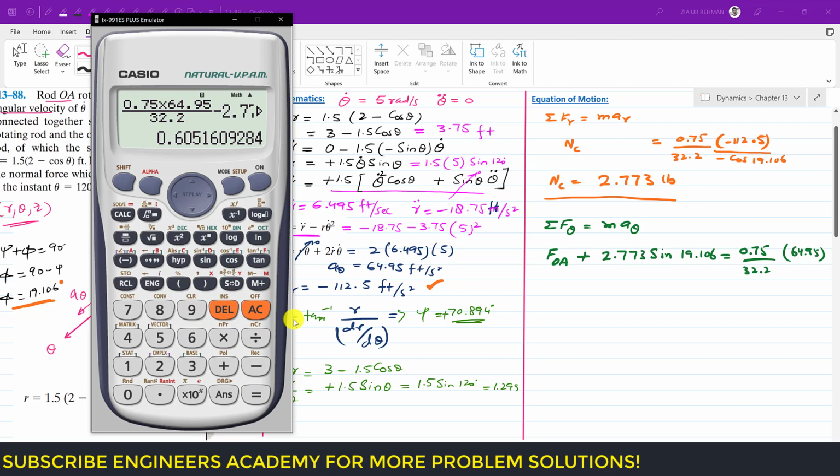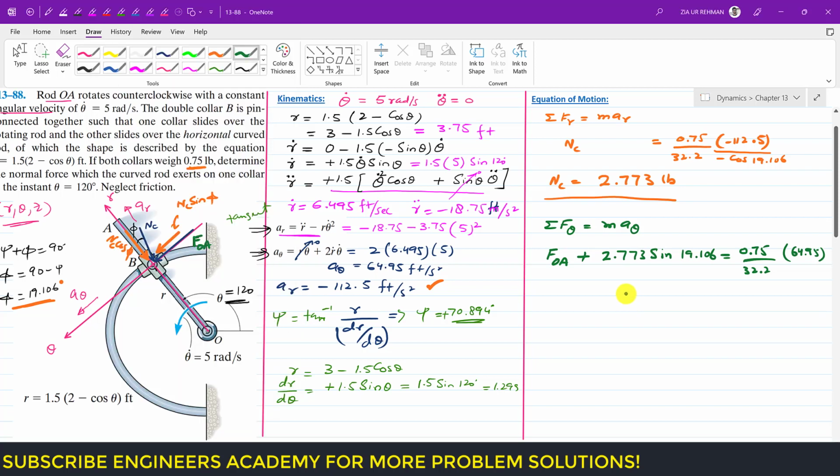So this gives me F_OA, the force applied by the OA arm on the collar, equals 0.605 pounds. So this is the solution of this particular problem.